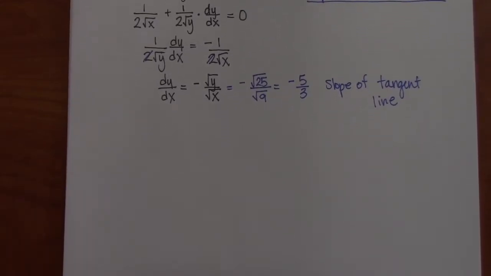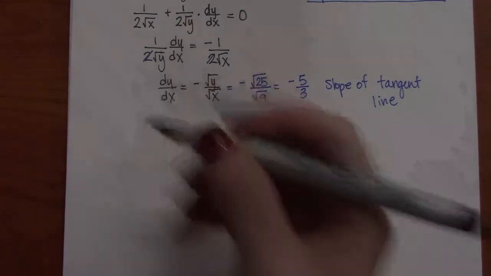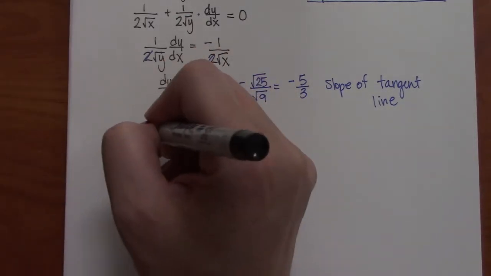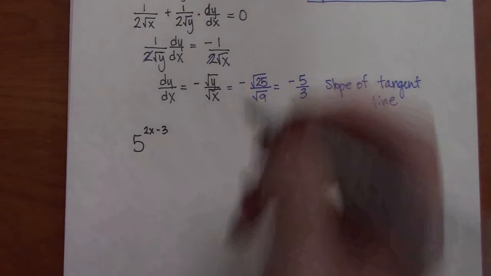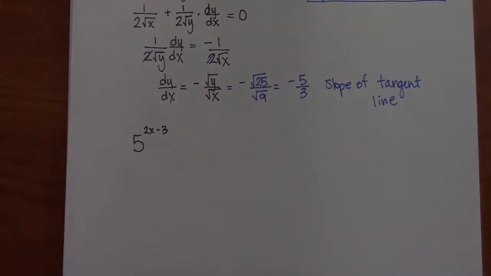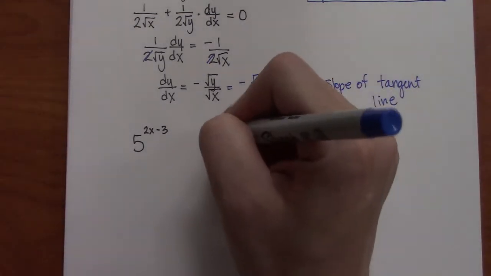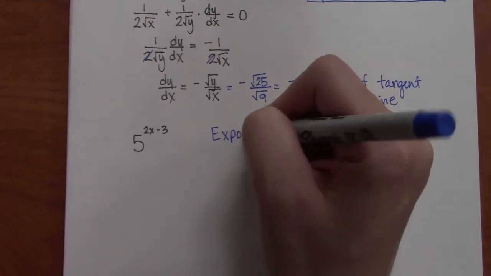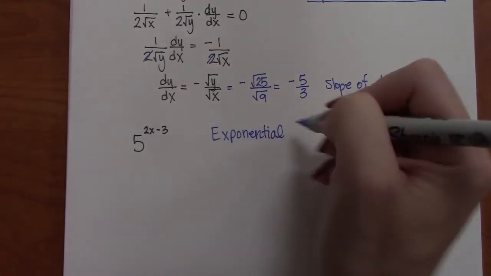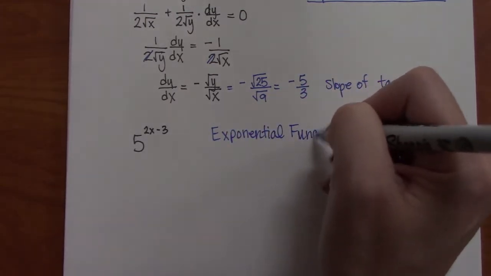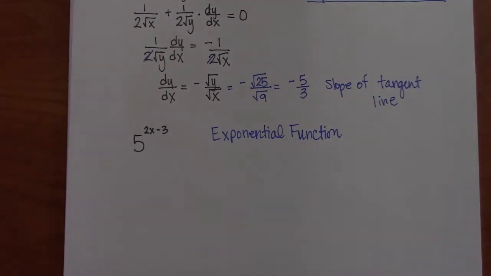let's get back here. All right, so you said 5 to the 2x minus 3, all in the exponent. So what we have here is an exponential function that involves a chain rule, right?